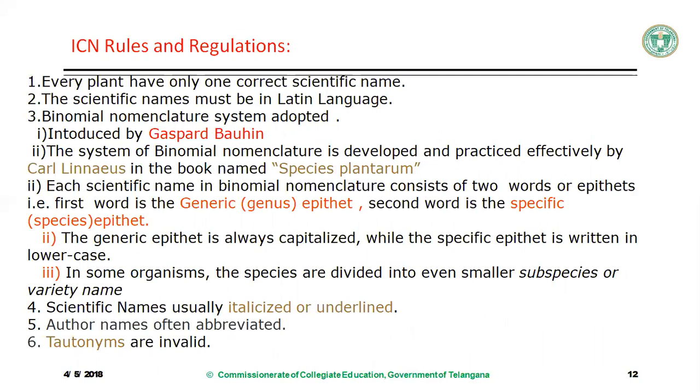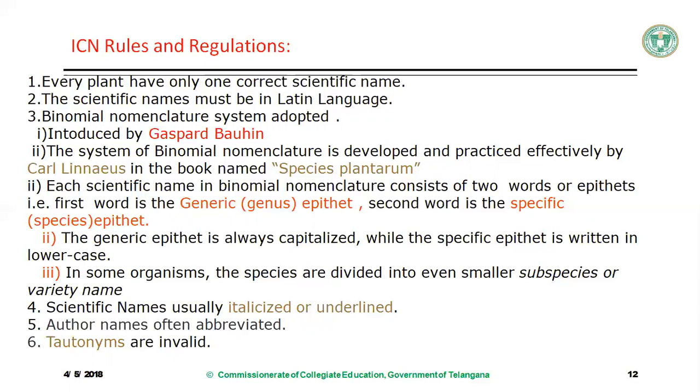Several plants are called with a single name, and at the same time, different plants are also called with a single name. So it creates a lot of ambiguity between plant names. To avoid this confusion, taxonomists go for a scientific method. The scientific names must be in Latin language.